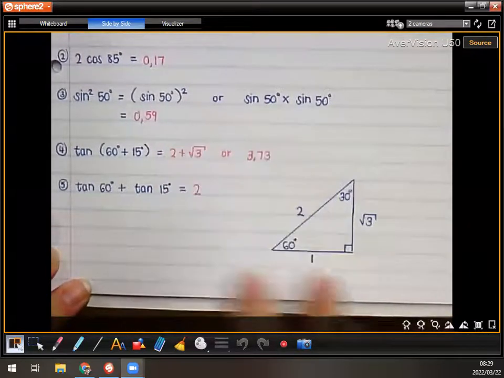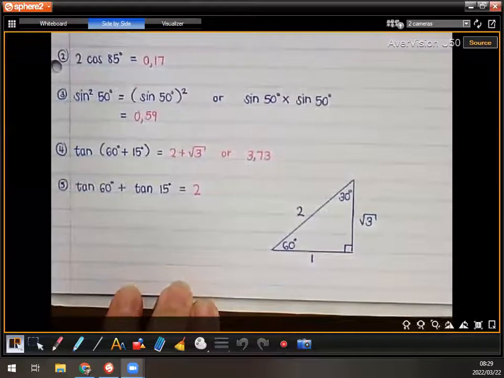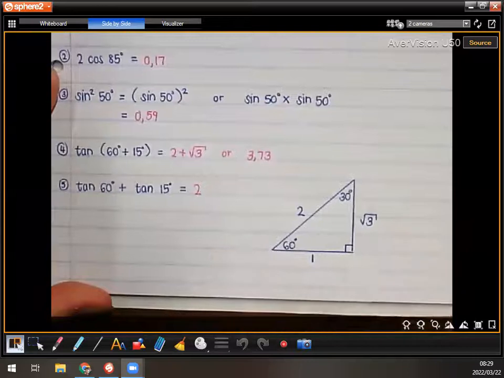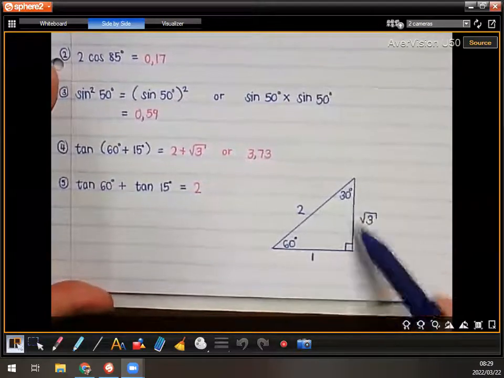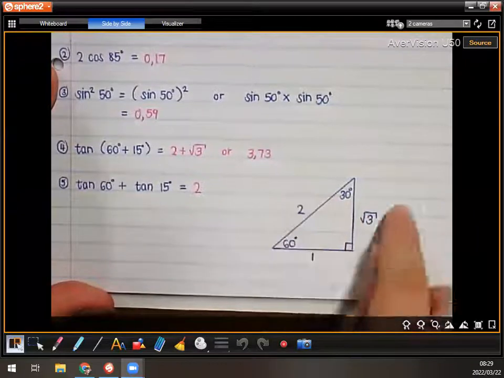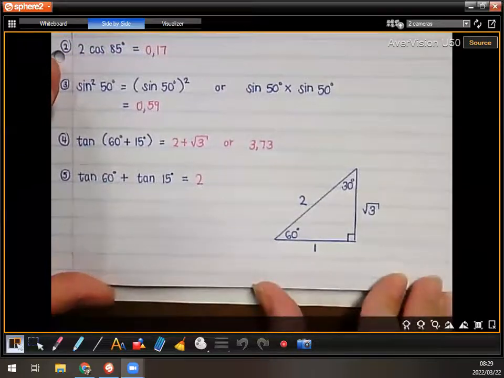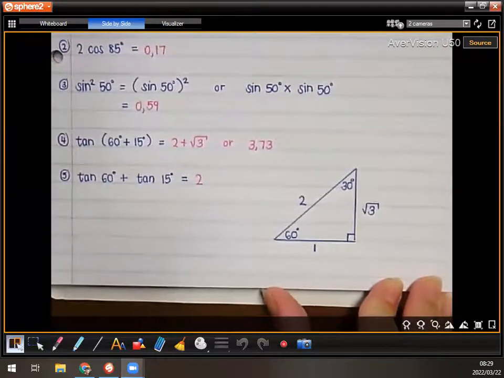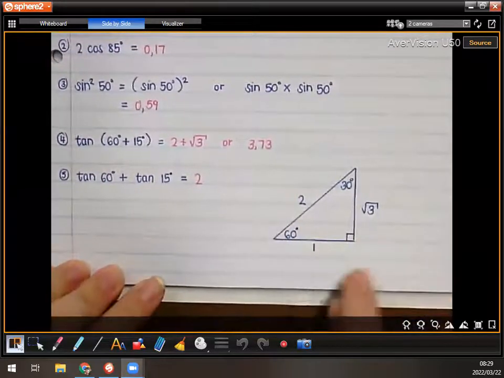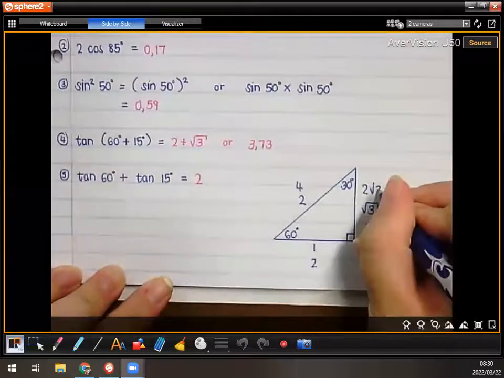This is the triangle that you have to memorize and that you have to be able to draw and use to find trig ratios. Basically, what this triangle is saying is that any triangle with these three angles will have sides in these ratios. So they could be double, and we saw this in that Pythagoras investigation that we did in class on Thursday. That could, for example, be a 2 and a 4 and a 2 root 3.